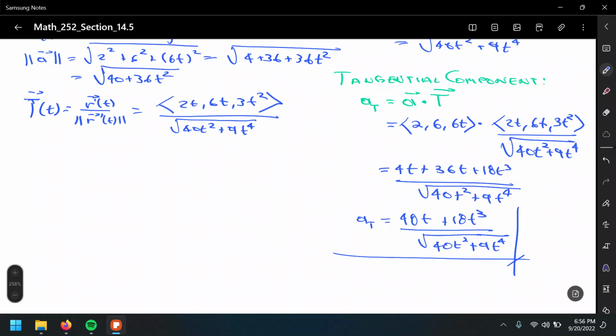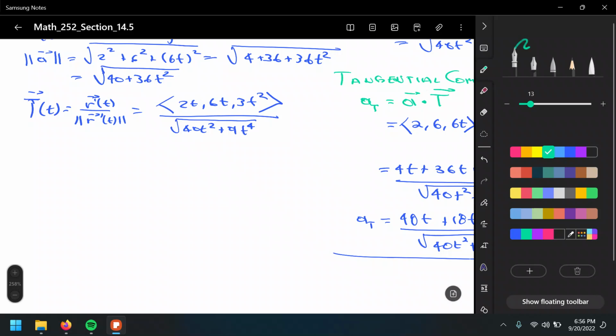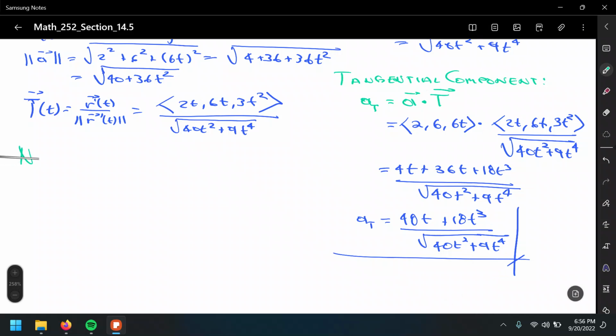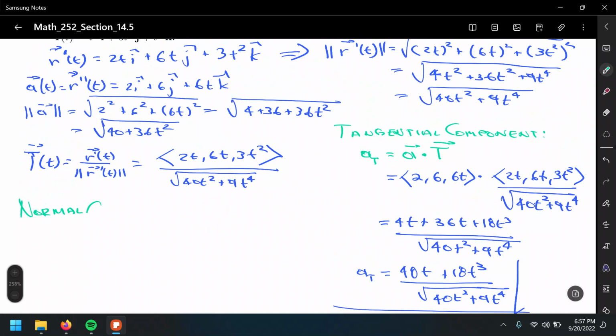And for the normal component, that's going to be, well, essentially a sub n equals the acceleration vector dotted with the normal vector. But again, we're not going to find the normal vector because that's going to take at least a whole lecture to do.